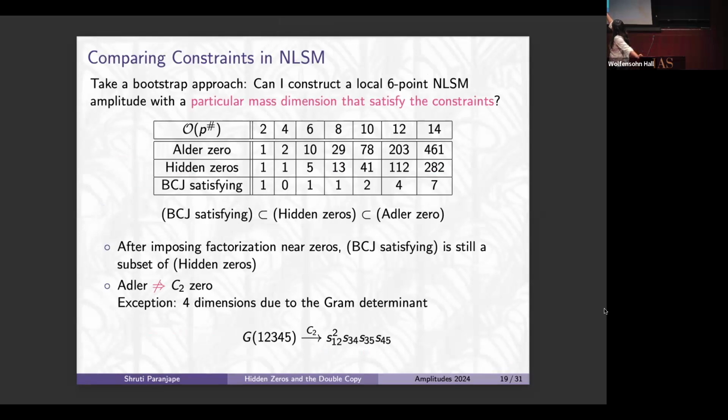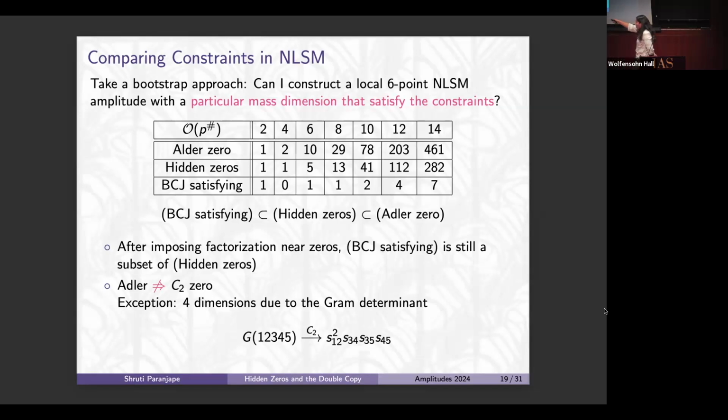You're trying to look for all possible local 6-point amplitudes with some particular mass dimension given over here that satisfy some constraint. In the case of the Adler zero, this one over here is the statement that the soft bootstrap works. It's interesting that there's also only one thing you can write down with the hidden zeros and only one thing that satisfies BCJ.